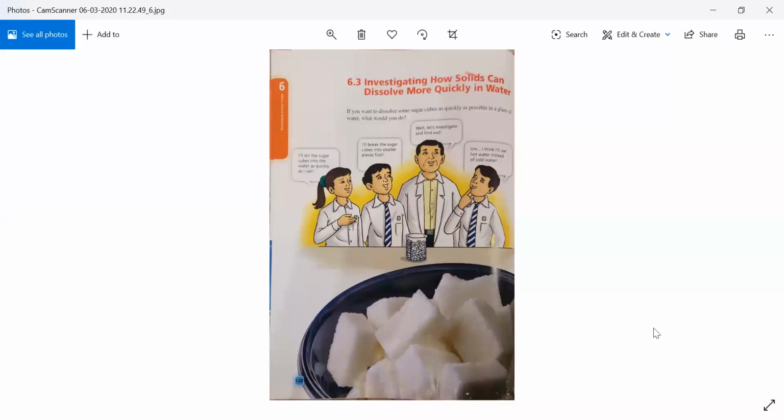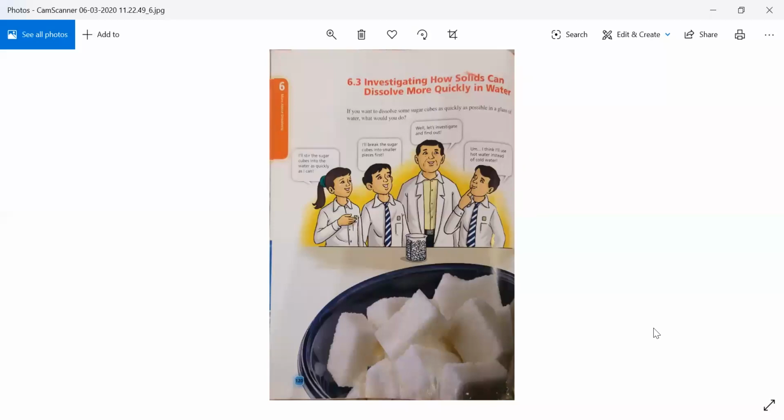Someone is asking what the steps would be, how we can quickly dissolve them in water.